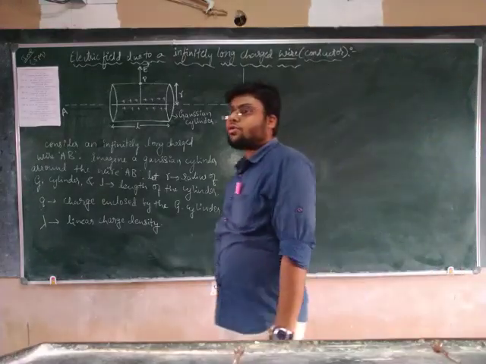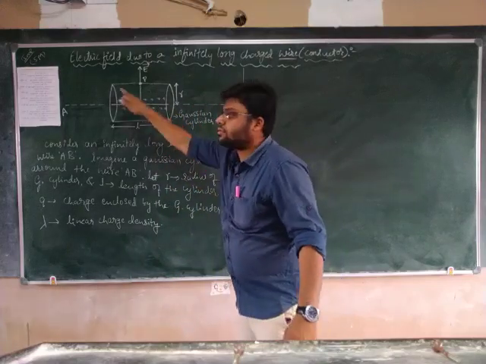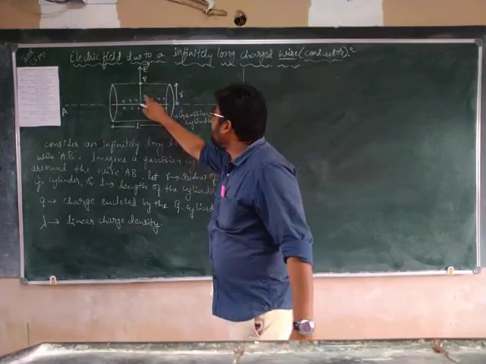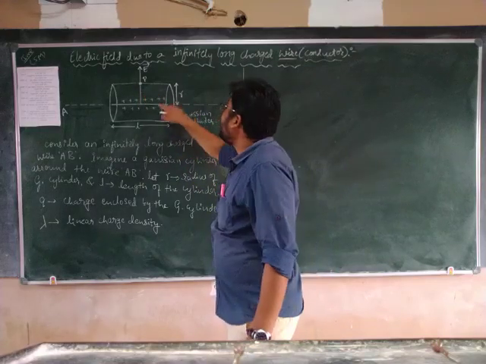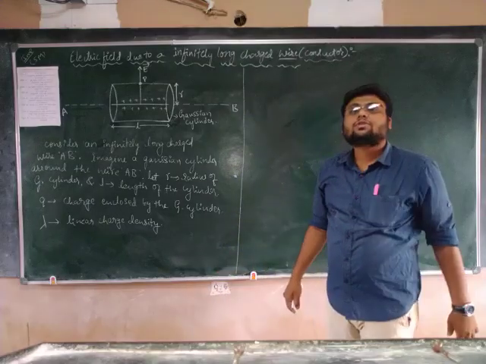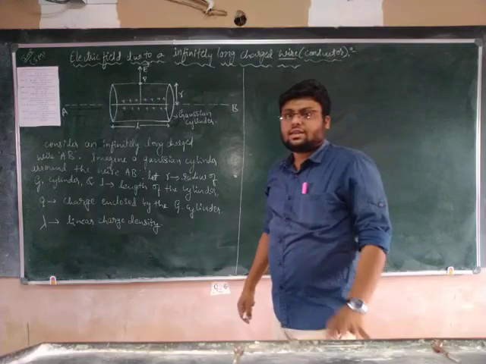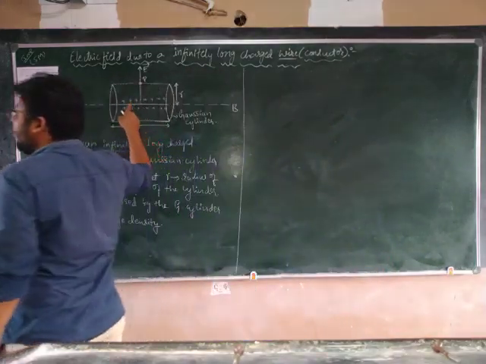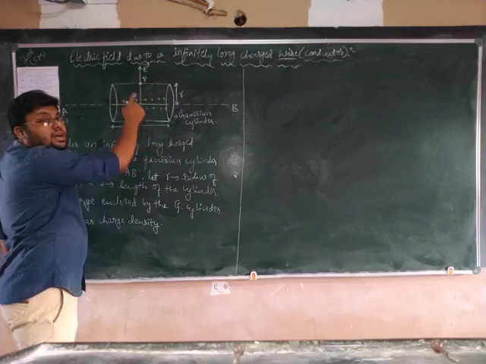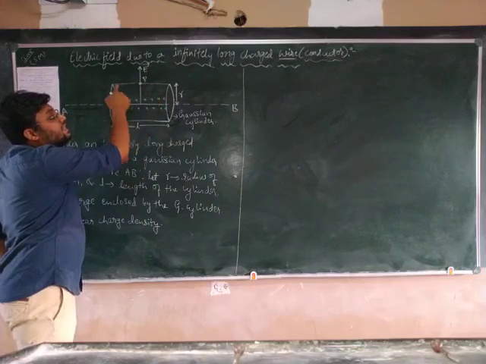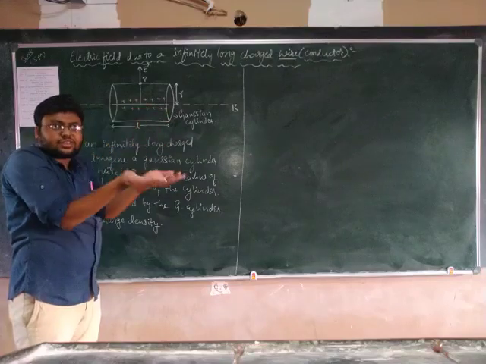So we are not going to get any field lines in this direction. They are not parallel to the surface of the conductor, they are perpendicular to it. That means we are going to have electric field lines perpendicular to the curved surface of the Gaussian cylinder.